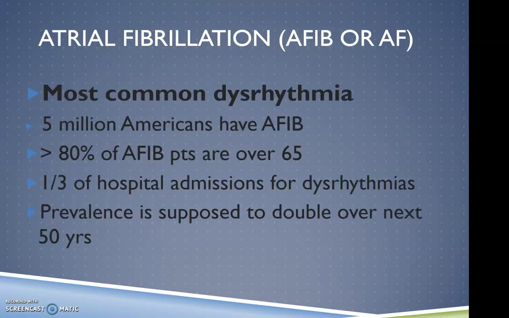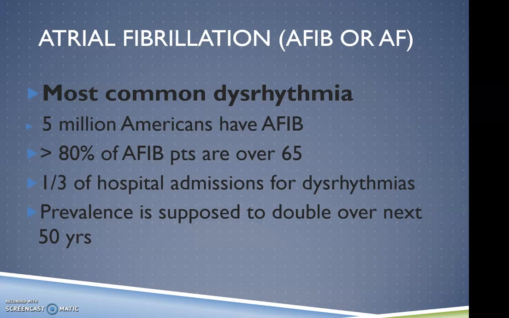Then on to AFib, our most common dysrhythmia. This number is probably a little low, 5 million Americans. It's probably gone a little higher, even though I did update this, I want to say in 2019. Greater than 80% of AFib patients are over 65, and the prevalence of AFib is supposed to double over the next 50 years.